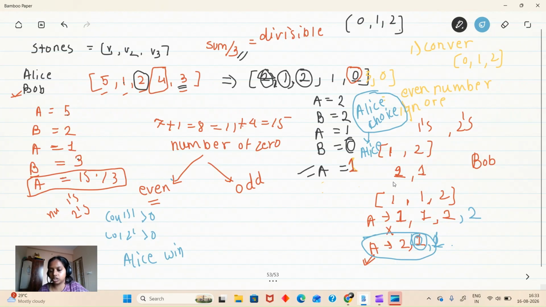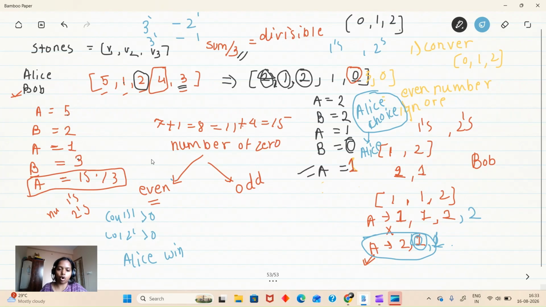So in that case, if you observe this question itself, if the numbers of ones and twos have a lot of difference, then Alice can again make a choice and win the same way. Let's say I have three twos and three ones, and here I have the option. Even if Bob uses that zero, if Alice uses one or two multiple times without making the sum divisible, Alice can win.